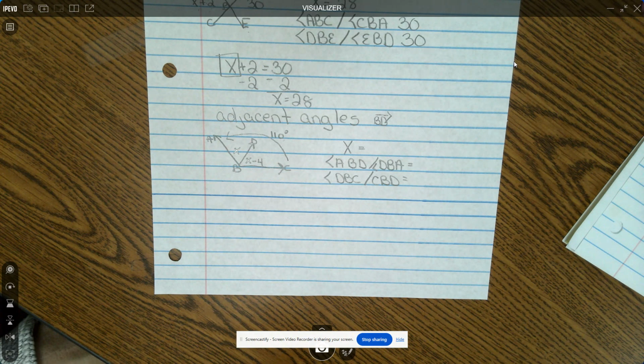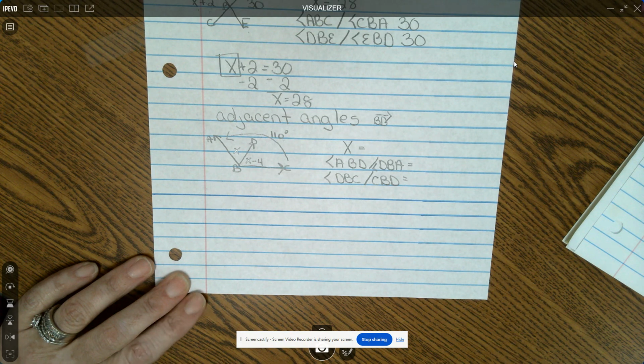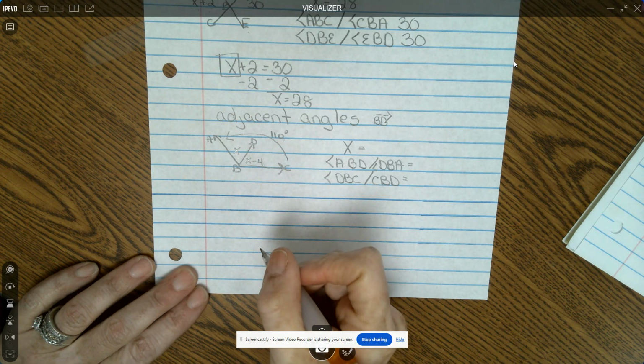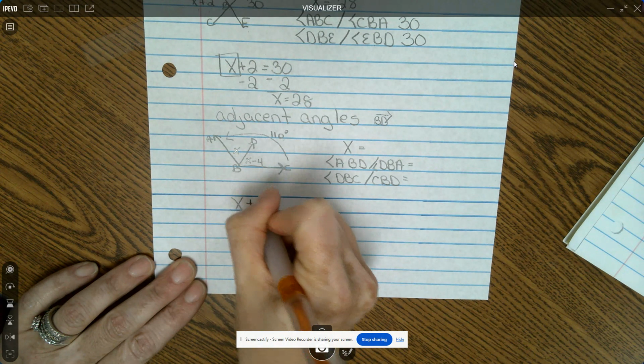All right, step number 1, we're writing out our equation. Derek, how am I gonna write out my equation? Raise your hand if you can tell me. Yep, x plus x minus 4 equals 110.